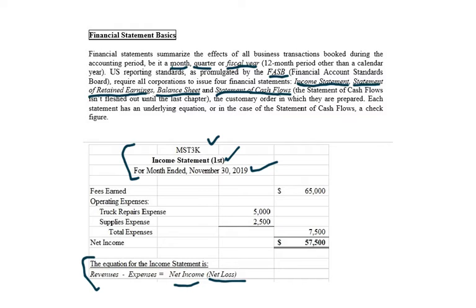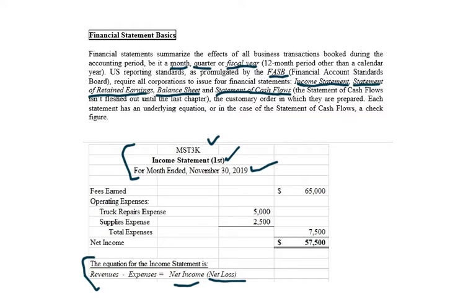We're not measuring cash here because some part of your revenues may have been earned, but you maybe haven't received them in cash already. As we go on in the class, you'll see the idea behind when you recognize revenue: when it's earned. So it doesn't matter if you got the cash at the same time as you earned it, you got the cash in advance, or you get the cash after it's earned.